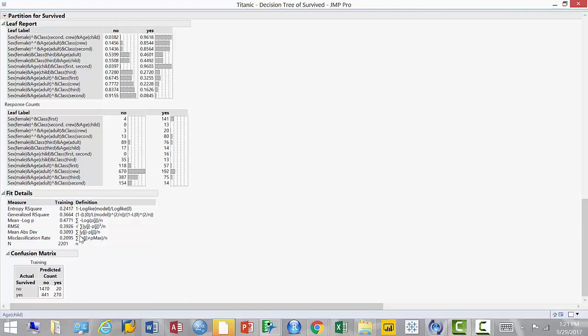Now, if I have multiple models, I can take the misclassification rates of all of them and compare them against each other, right? And the one that gives me the best predictive performance, the lowest misclassification rate, is the one that I'm probably going to pick. So this is not that valuable by itself, as it is valuable for model comparisons to pick the best one, okay?